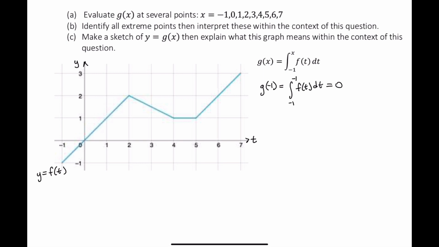Okay, so let's go ahead and look at g of 0 now. This is the integral from -1 to 0 of f of t dt. And again, this will give us the amount of water accumulated from 11 p.m. to midnight.